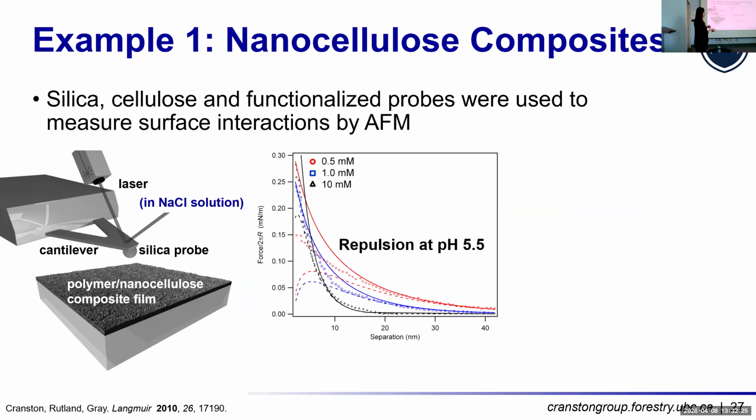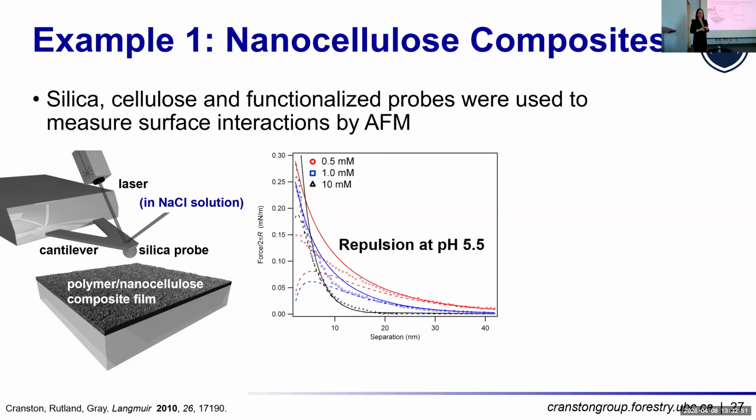What you see here is that this anionic probe and anionic surface repel each other. But as I add more salt, that repulsion is screened. So instead of the repulsion being the one in red, the blue and the black are a screened repulsion. And then the solid and dotted lines are fitting that to theory, showing that this matches DLVO theory of two charged surfaces approaching each other.